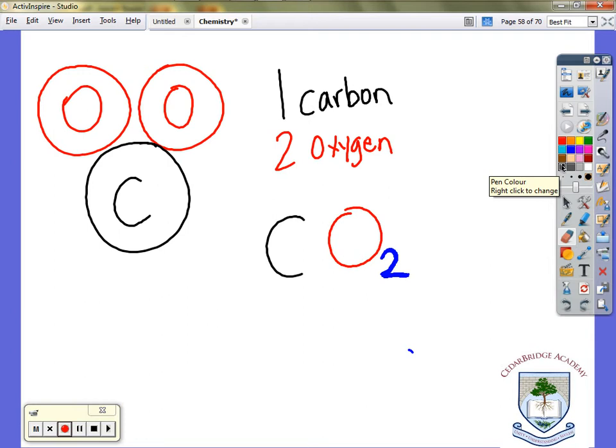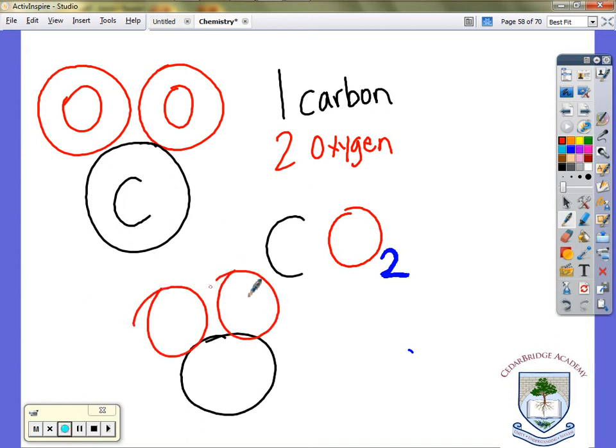Now if I turned around and did this again, another carbon and another 2 oxygens. Now I have to somehow tell you, because you can't see molecules, that there are 2 of these.